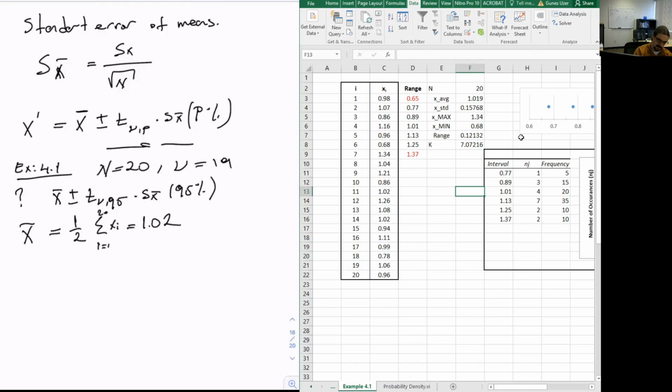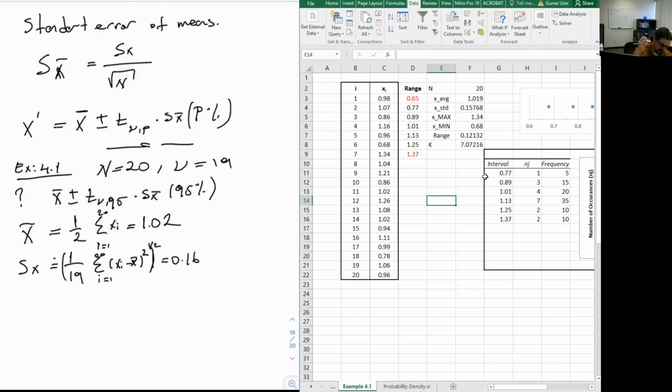My Sx, my standard deviation, is the square root of 1 over 19 times the sum from 1 to 20 of (xi minus x bar) squared, and that's going to be 0.16.